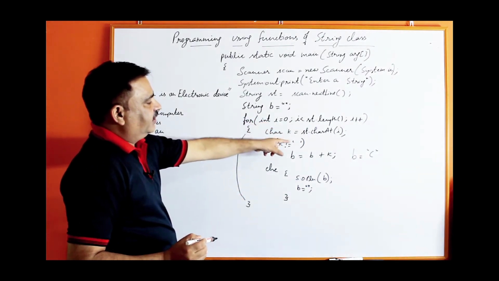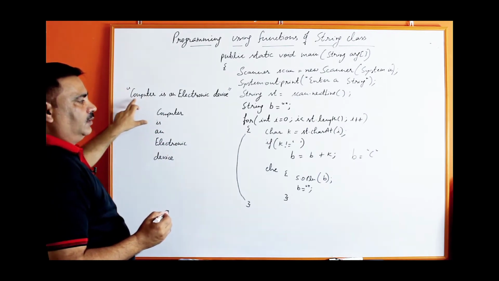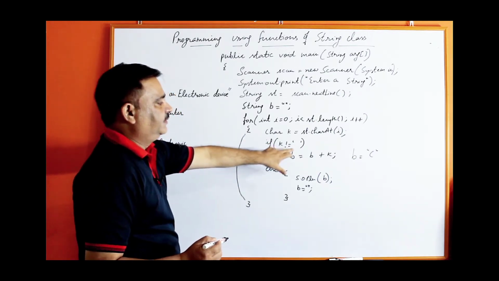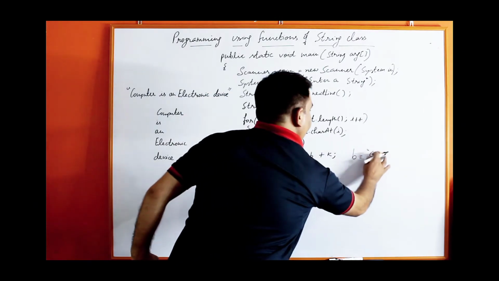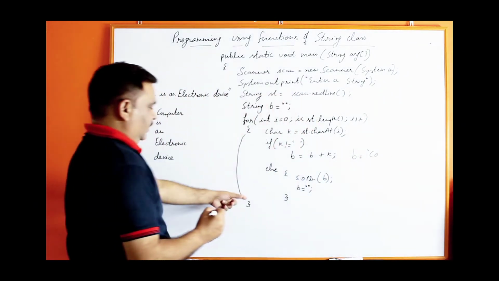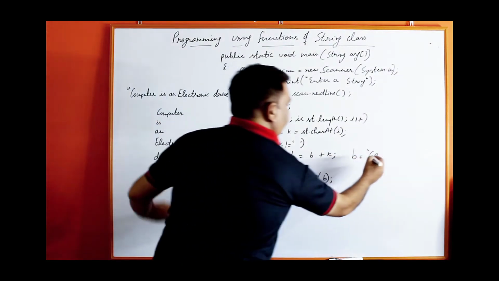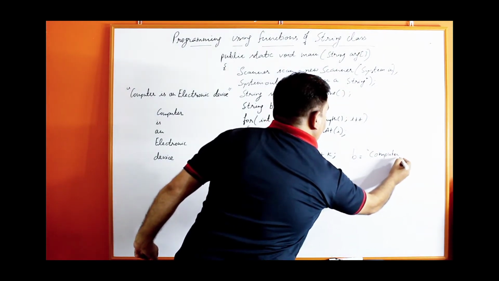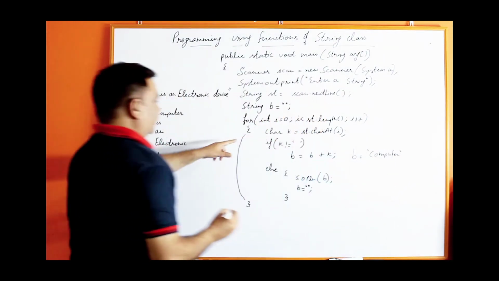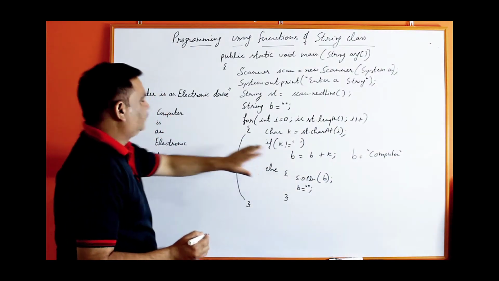For the next iteration, the second character will be extracted, o is not equal to space, so it will be joined to the previous value of b, so it will become co. Next time m will be extracted, and m will be joined because it is also not a space. In such a way, one by one all the characters will be extracted and joined in the variable b.